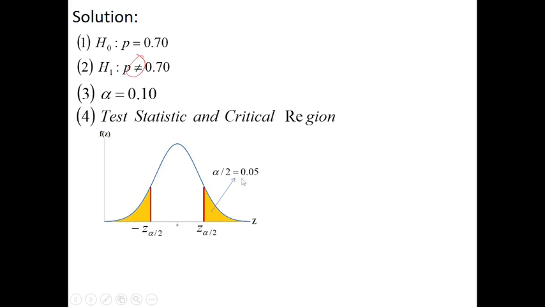So we have alpha over 2 here equal to 0.05. So this is the area to the right of 0.05, because it is a two-tailed test, so alpha will be divided into 2. On the other hand, this is also 0.05, no?